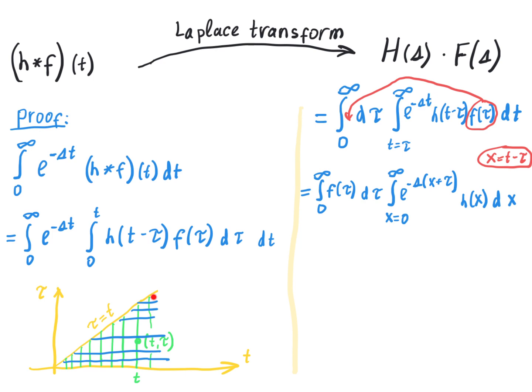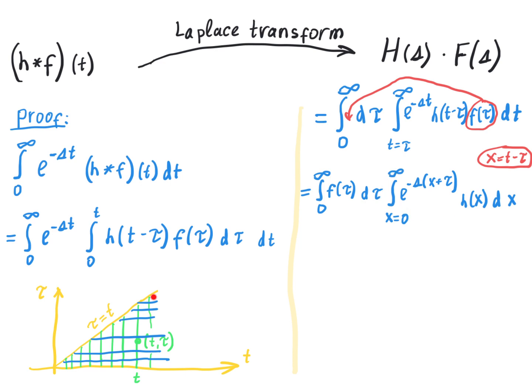Now, instead of t, we are going to write x plus tau, and dx, since tau is fixed, is the same as dt. So we have a new integral.